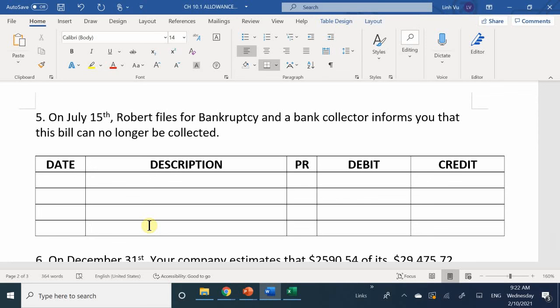Right? You know it's exactly Robert. So that does not fit the category of the bad debt expense. And you know exactly how much. So in this case, can you use the bad debt expense? No. All right? So what are we going to be journalizing here?